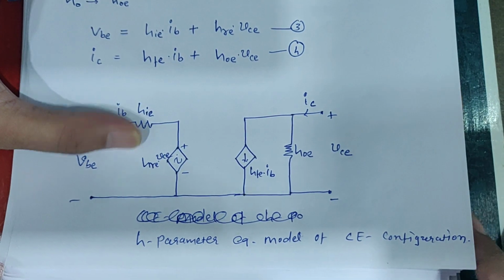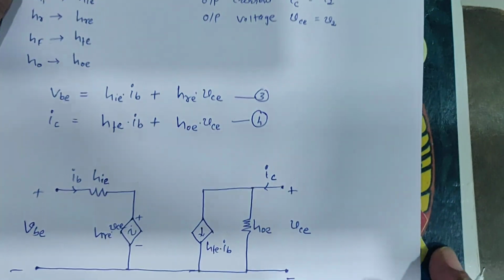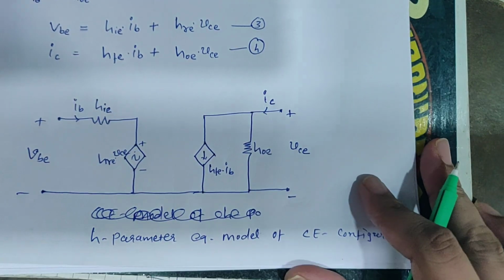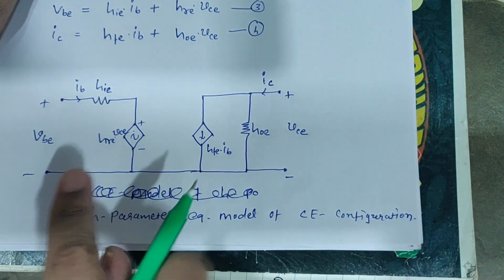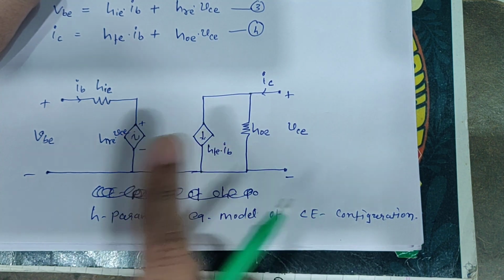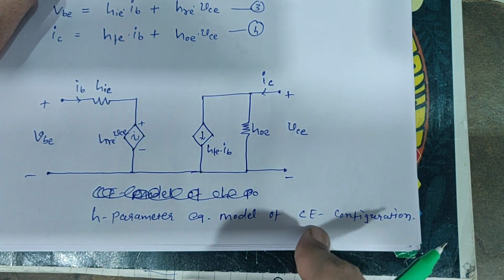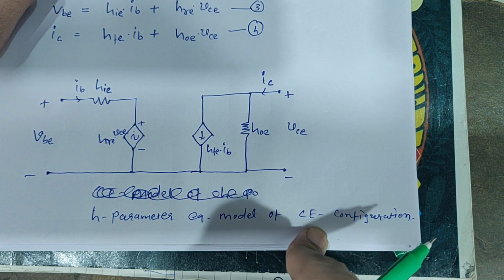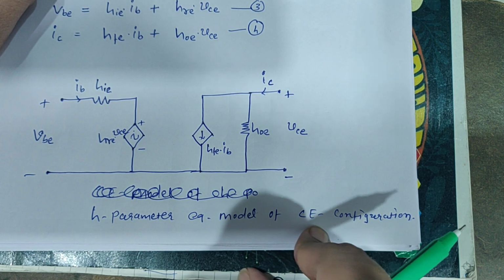Okay, so that's it. So it is very easy to represent an H parameter equivalent model of a common emitter configured transistor. Okay, I hope you understand.